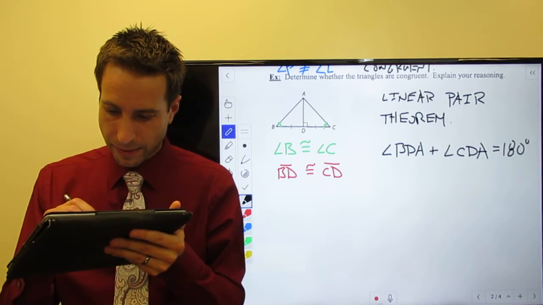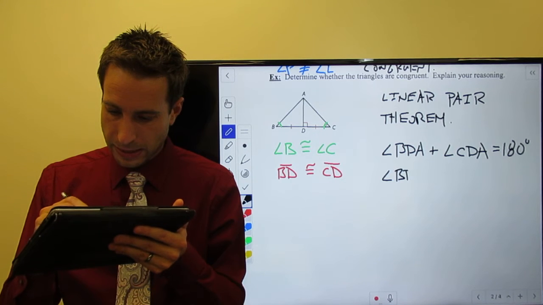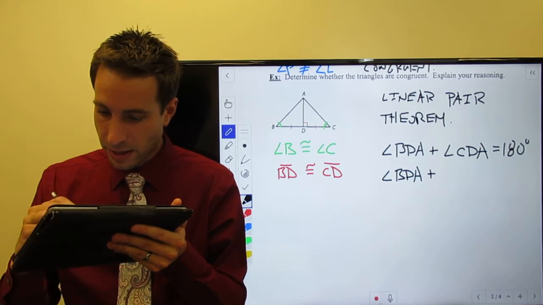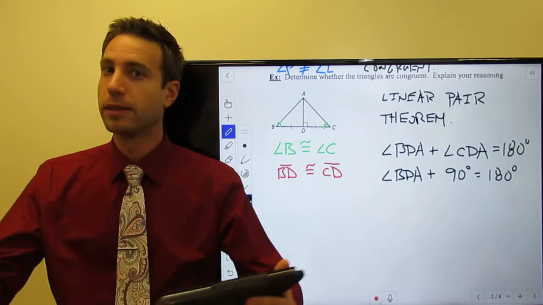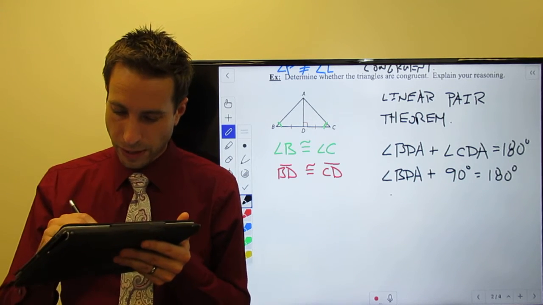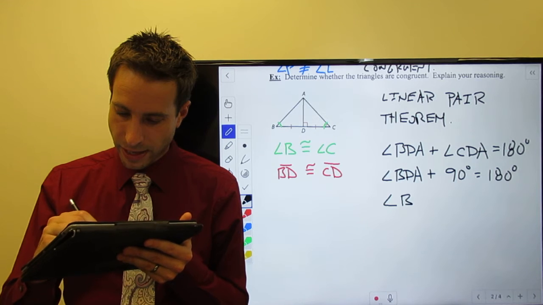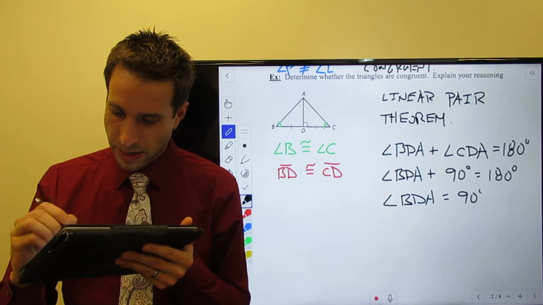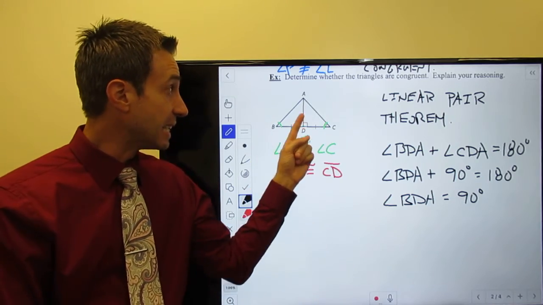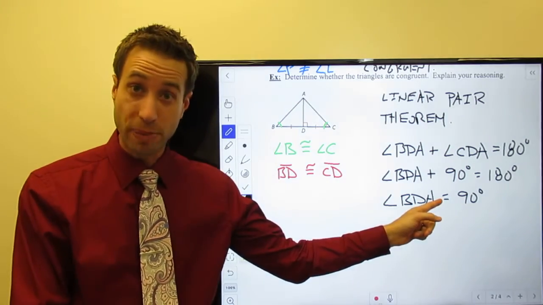So plug that in. Angle BDA plus 90 degrees is equal to 180. Well, this is an easy one to solve. Subtract the 90 degrees to the other side, and we get angle BDA must also be 90 degrees.